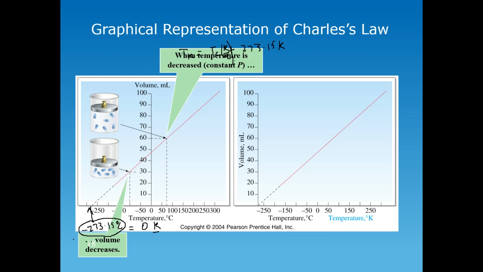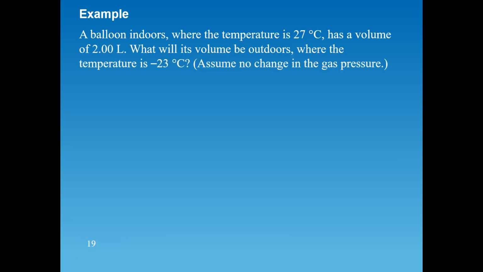Okay, so I needed to say that so that we can look at this example. The example says, a balloon indoors where the temperature is 27 degrees Celsius has a volume of 2.00 liters. What will its volume be outdoors where the temperature is minus 23 degrees Celsius?